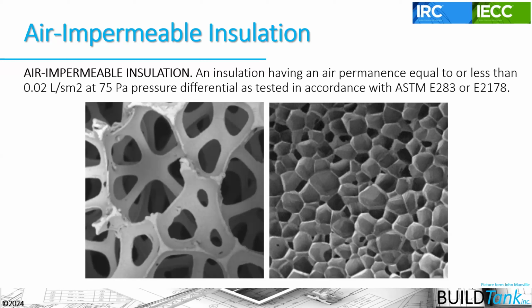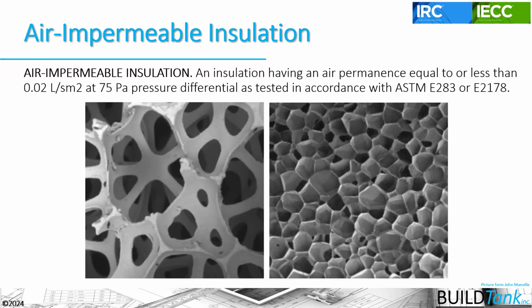And what we're talking about, air impermeable insulation, in most cases, we're talking about foam type products. We're talking about closed cell foams or open cell foam. So the picture on the left is an open cell foam, and the picture on the right is a closed cell foam. And the big difference between the two is that the closed cell foam creates a chamber where a stagnant pocket of air is maintained inside of that chamber.